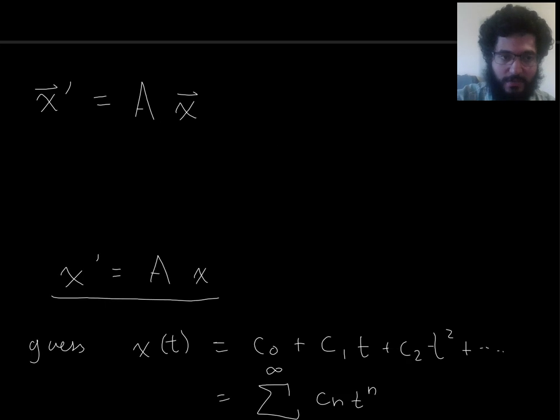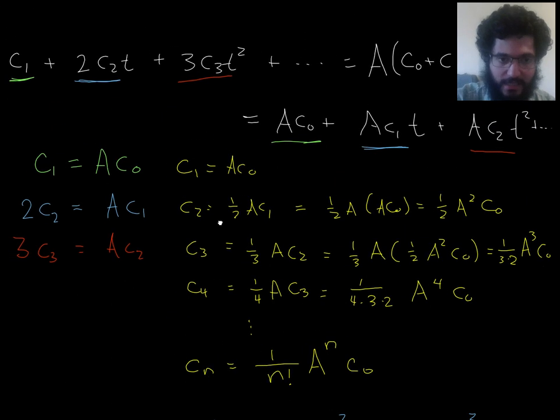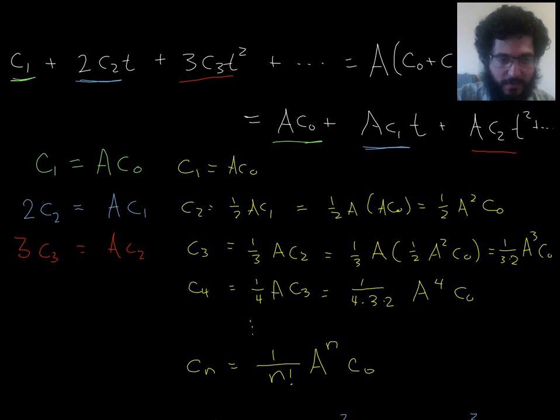And do you see what we're getting? Let me go back to our work from before. We're basically getting the same recursion rule that we had before, right? Except the C's now have a little vector symbol on them. That's all, right? And the A is now a matrix. So this is the same recursion rule we got before.